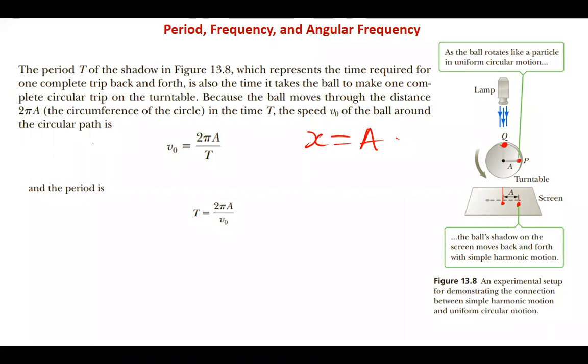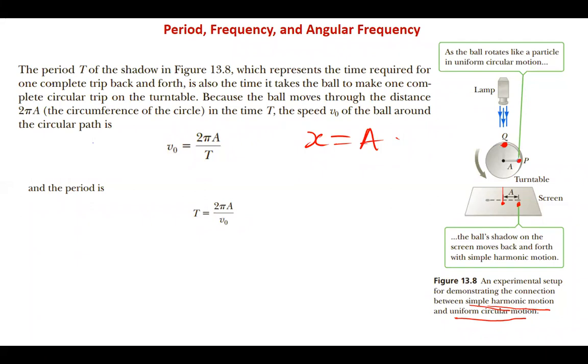The shadow down there is representing the spring, and this one going round is representing the circular motion of the ball. So we want to get the relationship between a spring, or anything that is in simple harmonic motion, and the uniform circular motion.